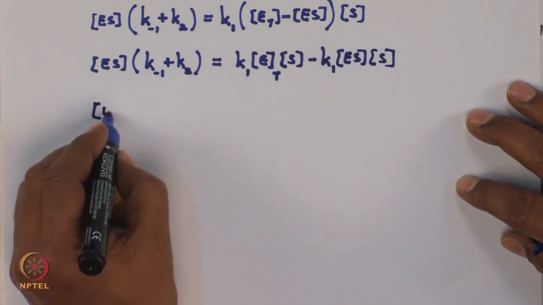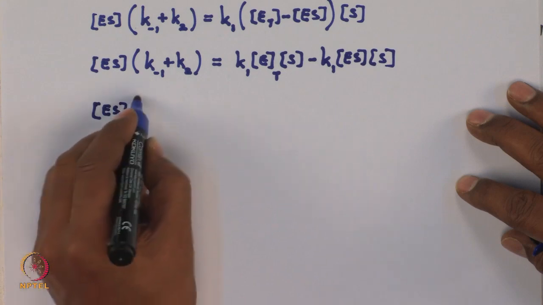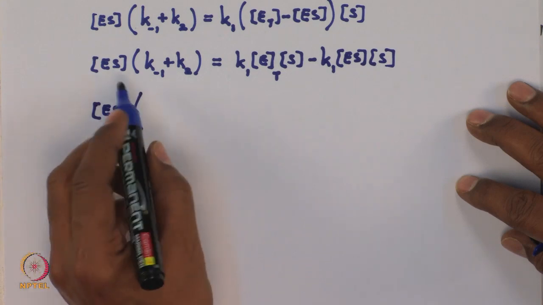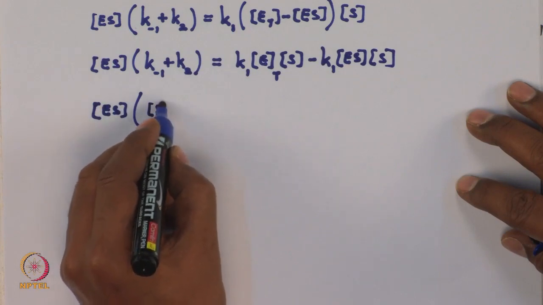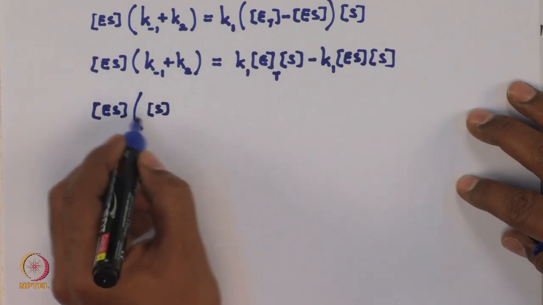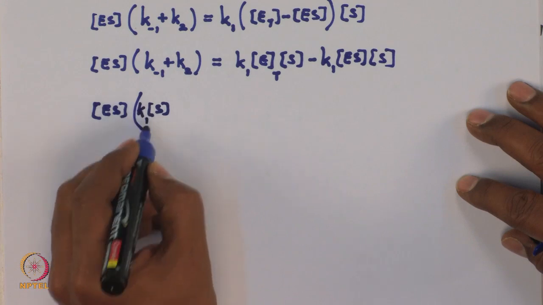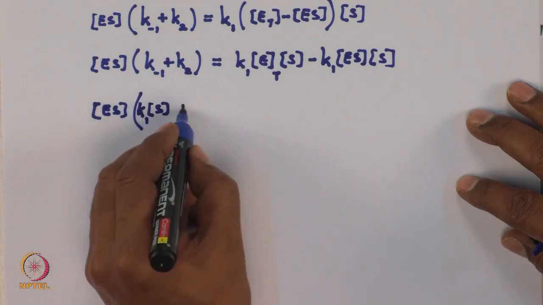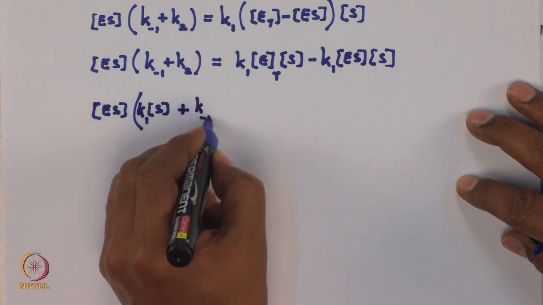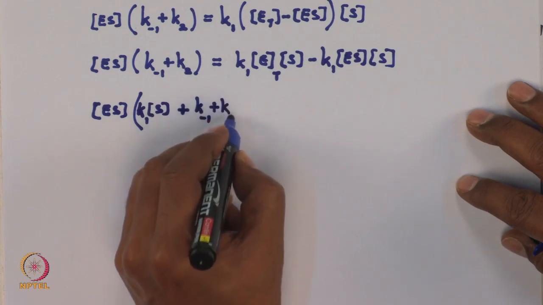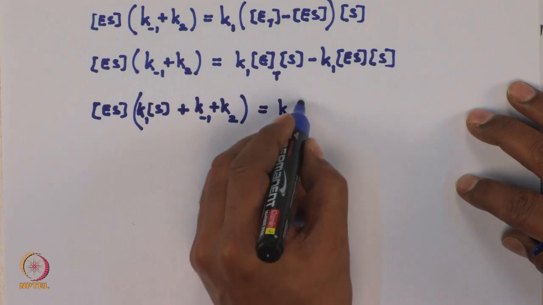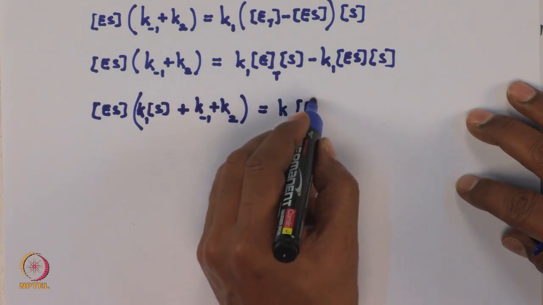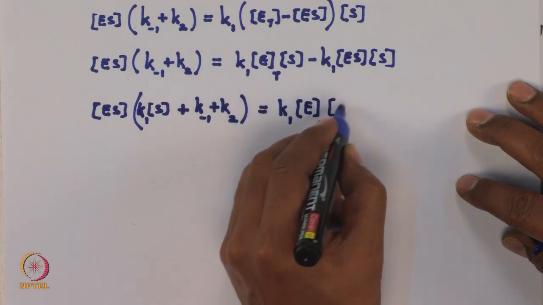Rearrange ES, then if you bring over to this side, you have substrate concentration into K1 plus K minus 1 plus K2, this is equal to K1 into total enzyme concentration into S.